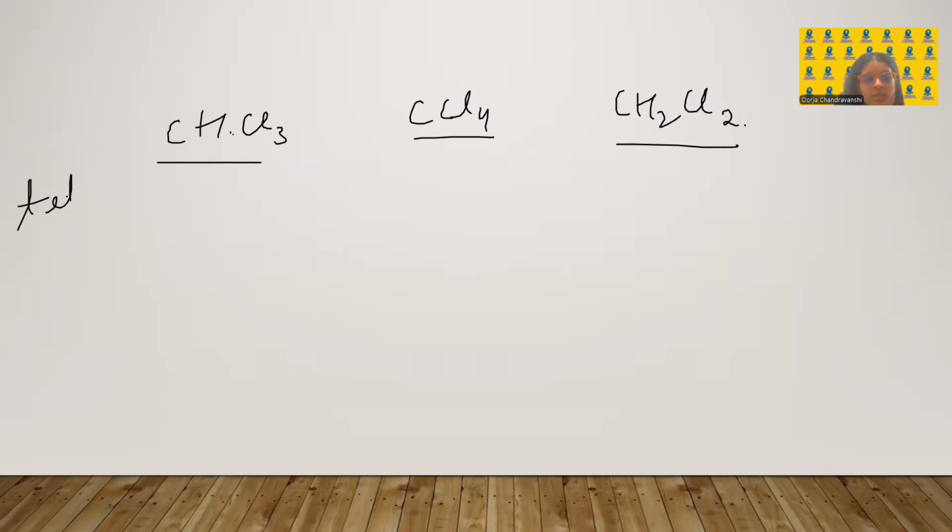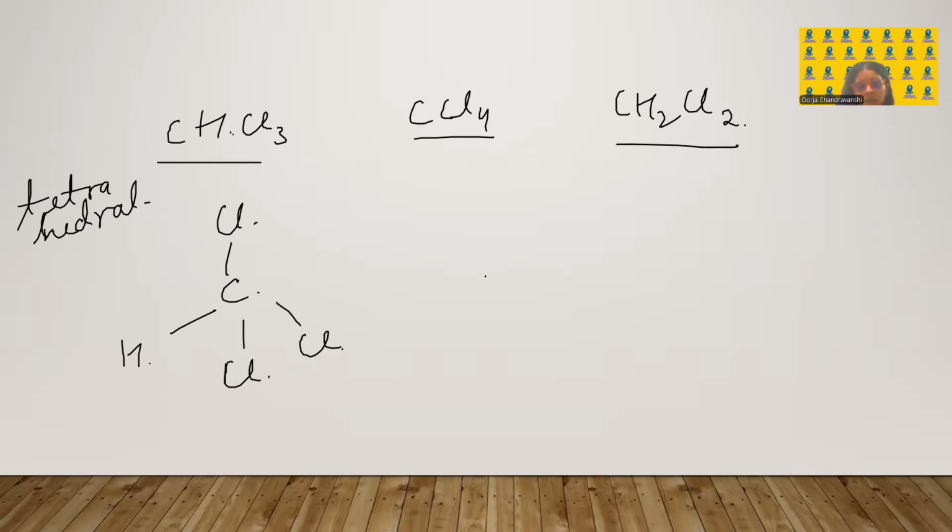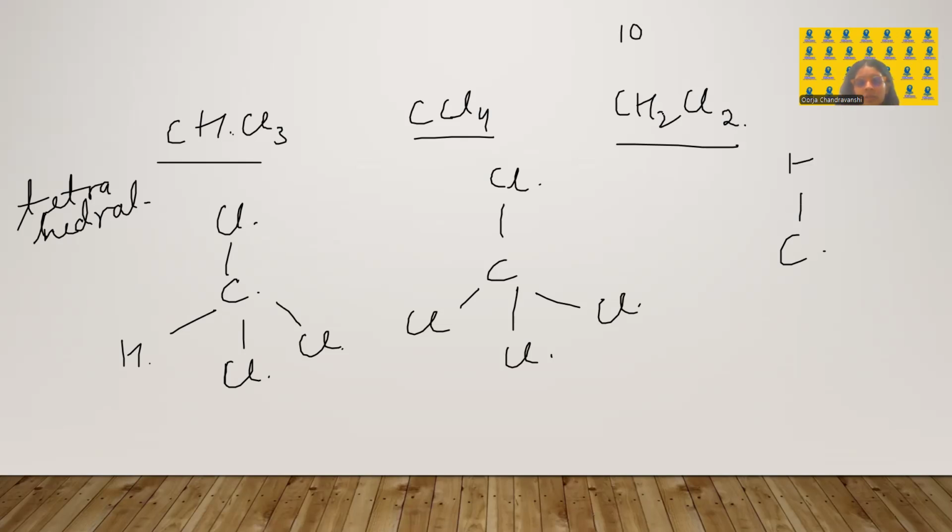So, what would the tetrahedral structure look like? I have chlorine here, hydrogen here, and chlorine here. And then I have CCl4. Please note that in case of a tetrahedral, the bond angle is 109.5 degrees.